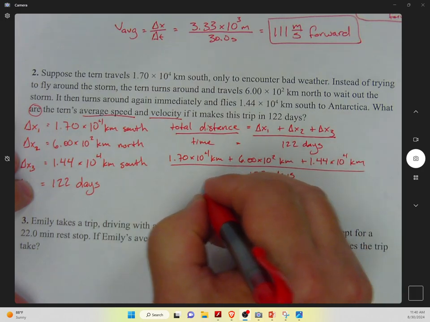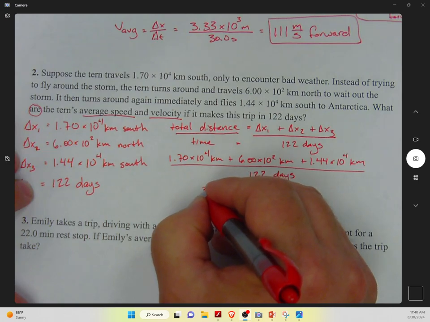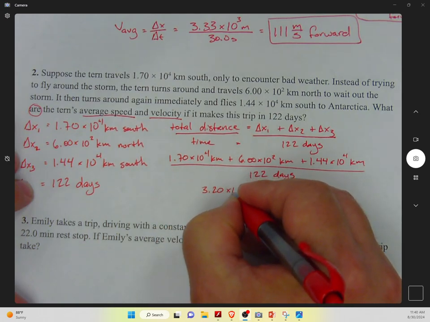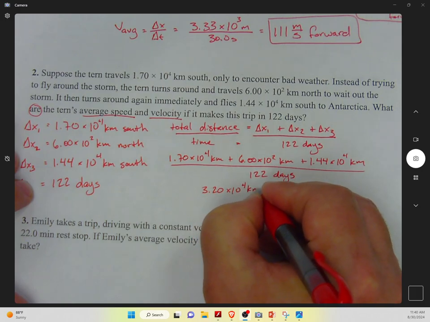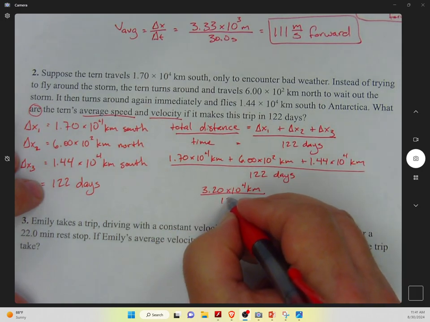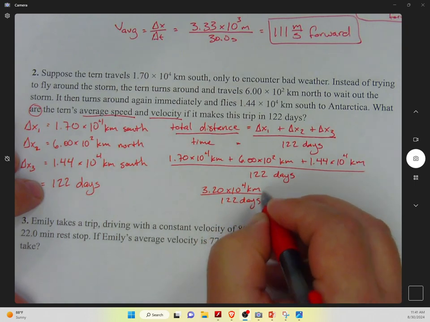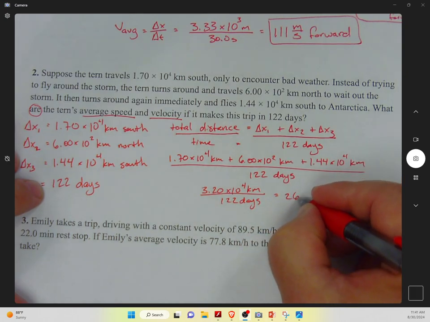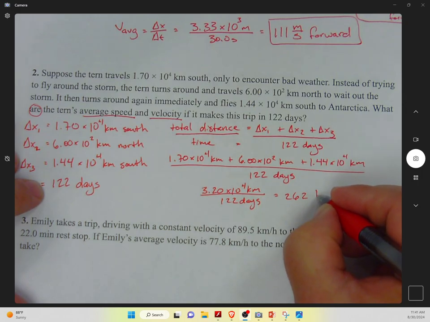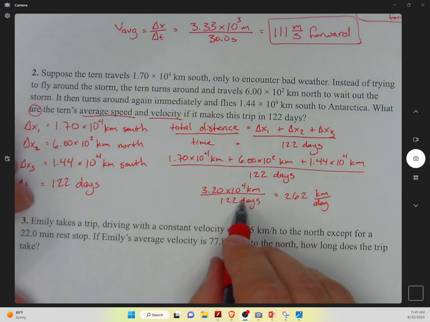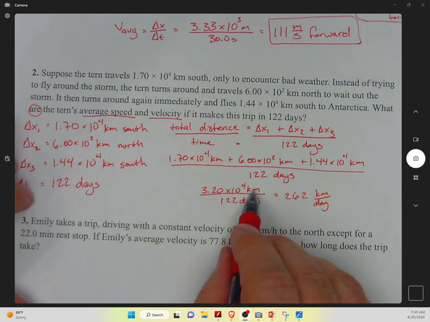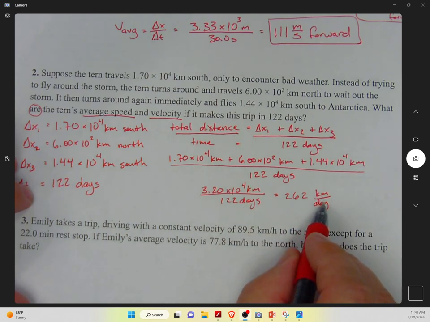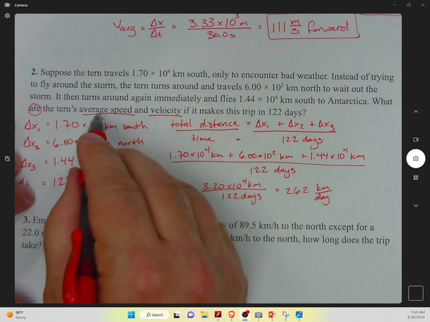The total distance traveled is going to be 3.20 times 10 to the fourth kilometers. Again, divided by 122 days. And that is going to be 262 kilometers per day. Now I'm going to use three significant figures, and my units are, in fact, kilometers per day. And so I've done one part of this problem, average speed.